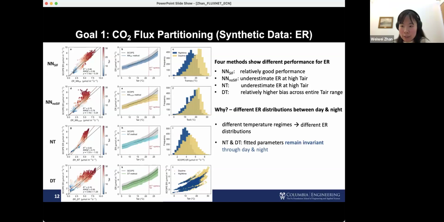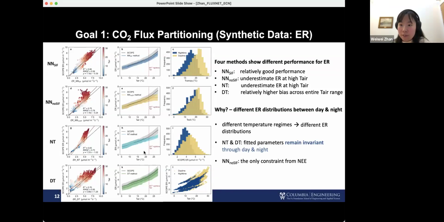So they either fit the parameters using nighttime data and then extrapolate to daytime, or conversely, fit the parameters using daytime data and then extrapolate to nighttime. So the result means that this extrapolation strategy may not work well when there are higher discrepancies between daytime and nighttime conditions.